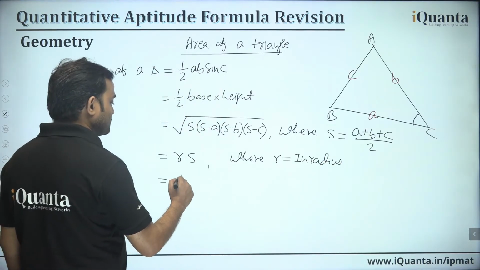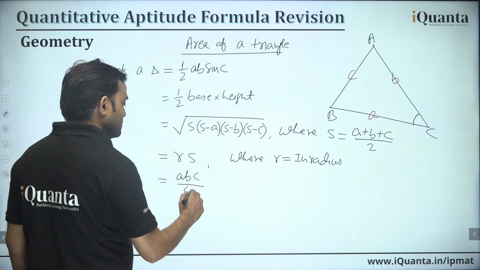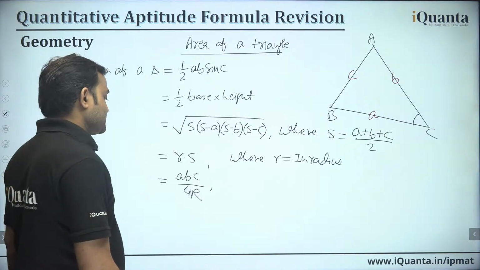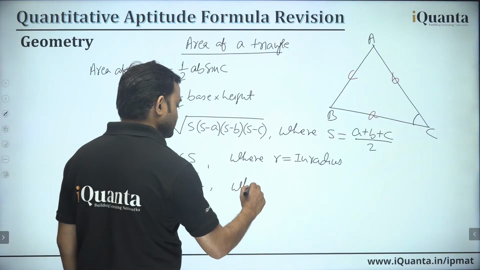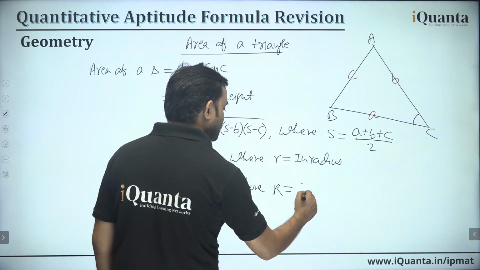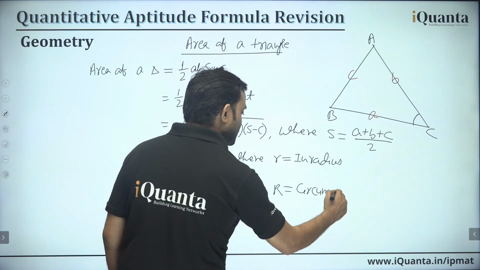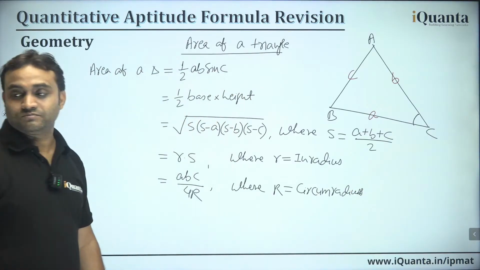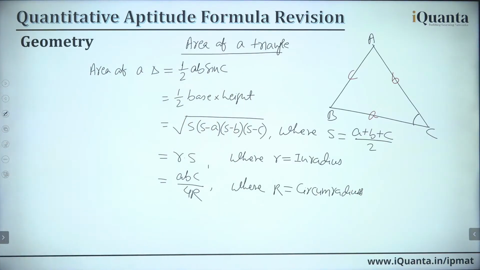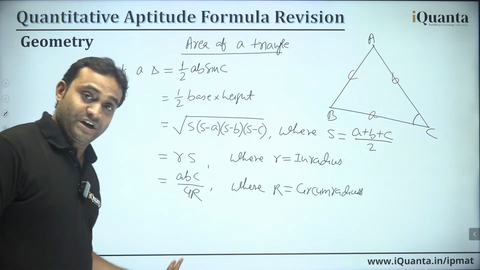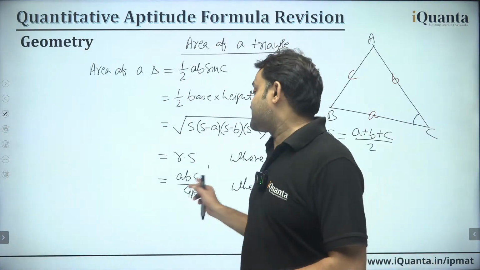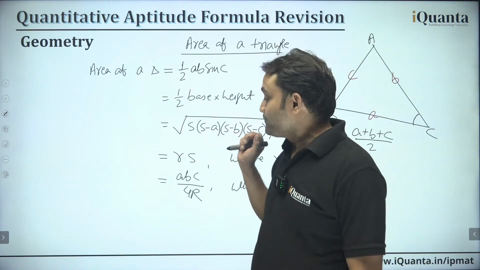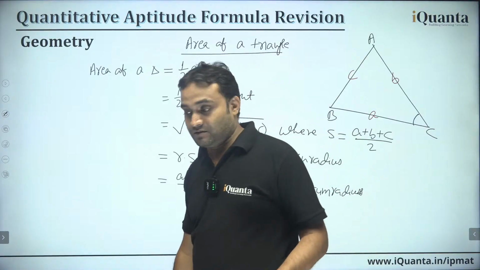Then you can also find the area of a triangle if all three sides and the circumradius are given, which is abc by 4R, where R is equal to circumradius. ठीक है. You can also find the area in this case, or you can find the circumradius, है ना? If all three sides are given, we can find the area of the triangle using Heron's formula, and you can find the circumradius, है ना?